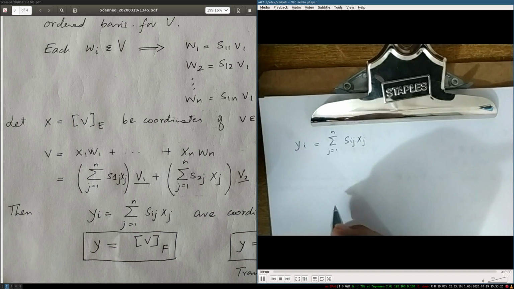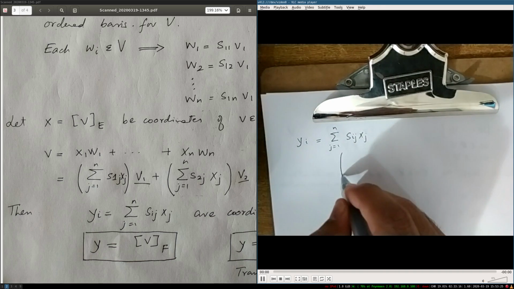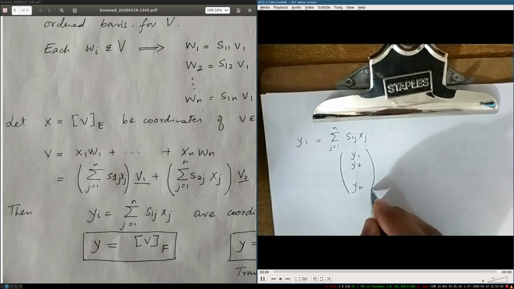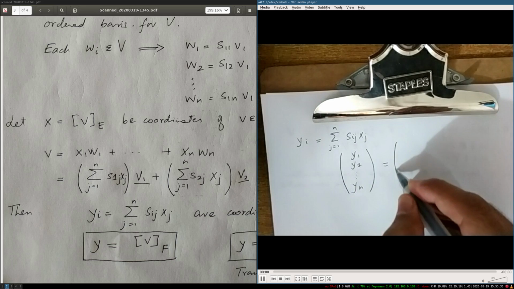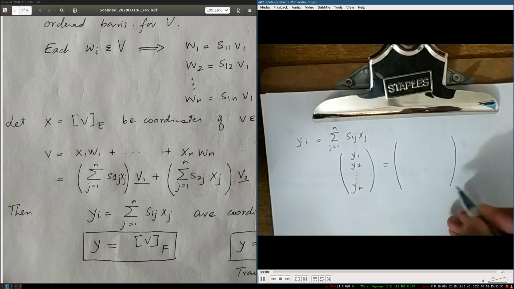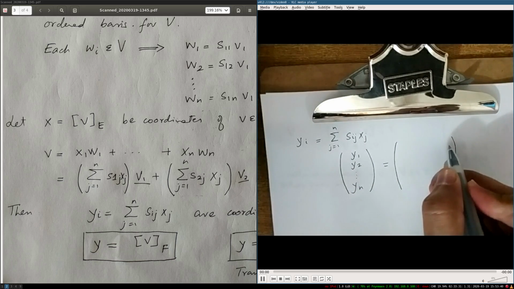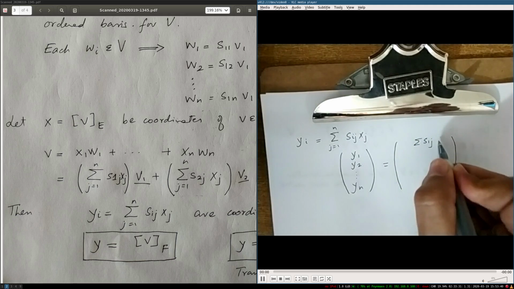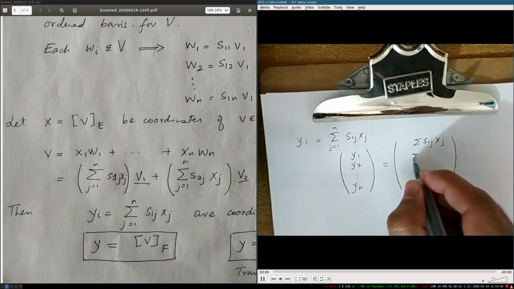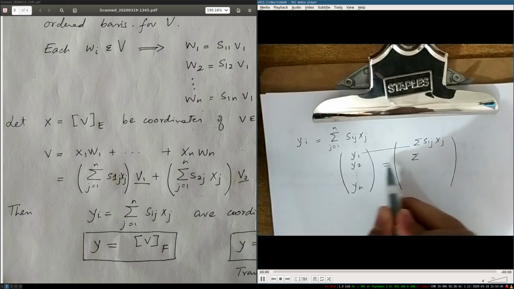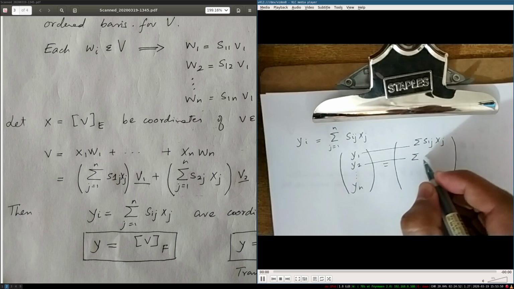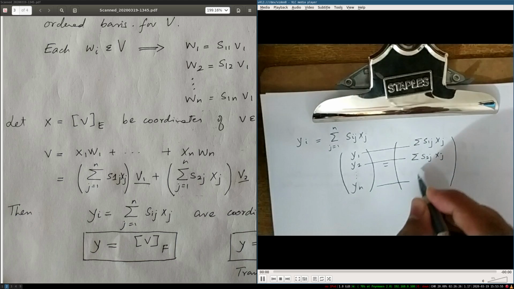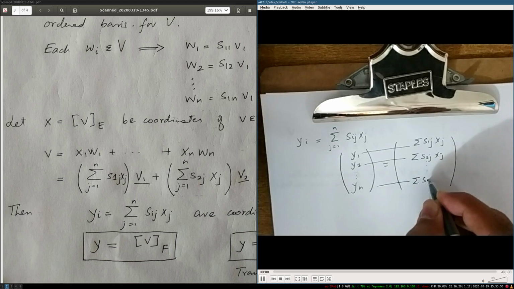So if I write this down as y1, y2 up until yn, then I have the following. This entire thing is nothing but summation s1j xj. This is the first line, this is the second line. This is nothing but summation s2j xj. And this last one is summation snj xj.